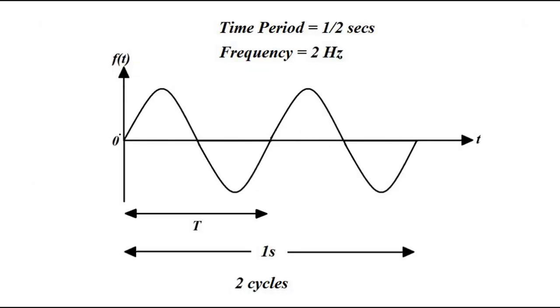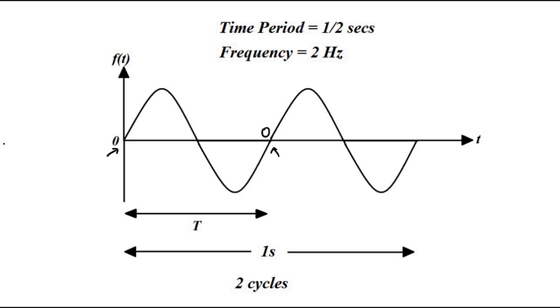One cycle is from the starting point, through one positive half cycle, then the negative half cycle, and back to the same position, that is 0. One positive half cycle, one negative half cycle, back to 0, that is one cycle. The time taken to complete one cycle is the time period, capital T.